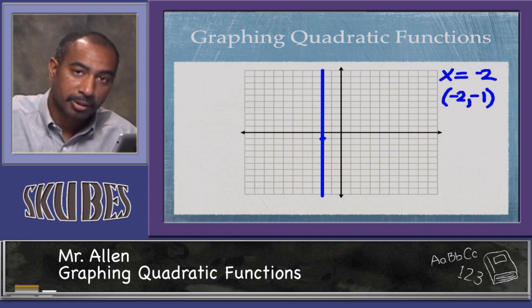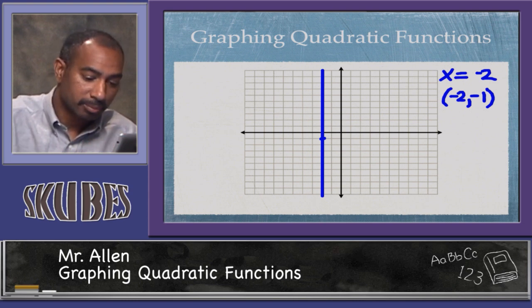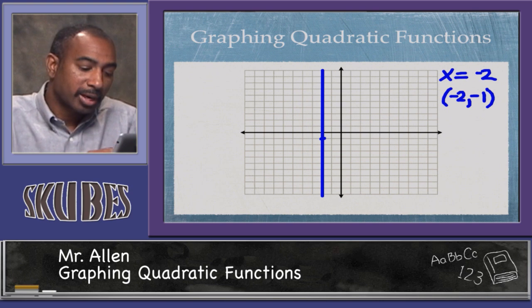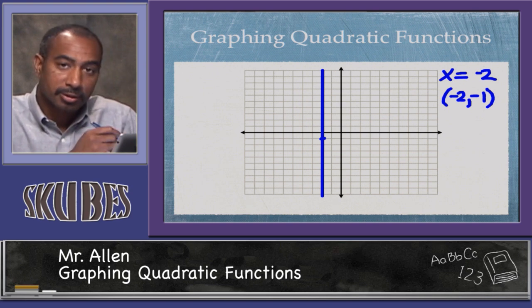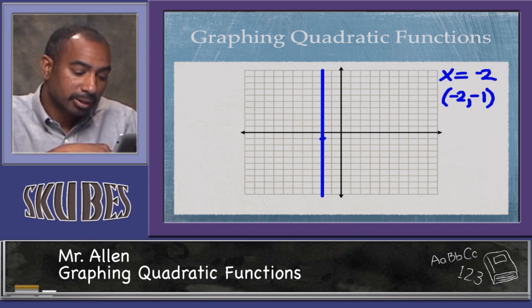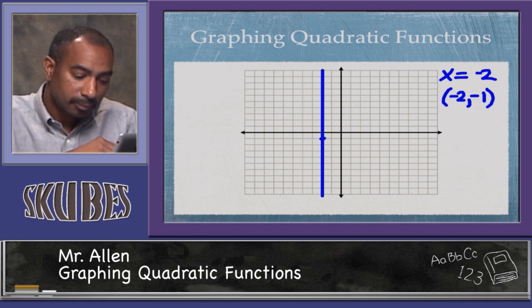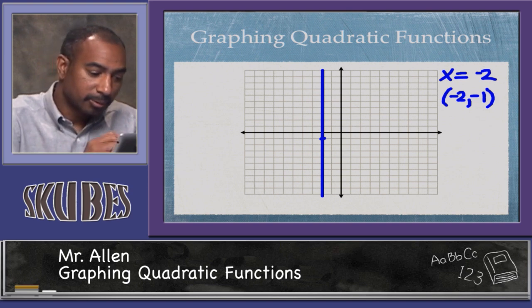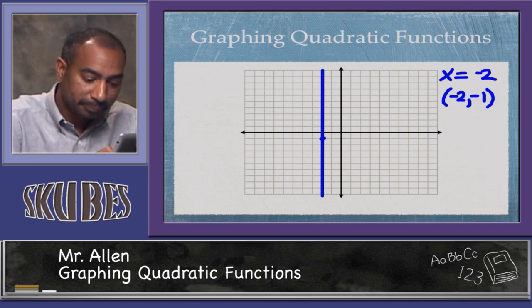And you want to pick points to the left and right of the axis of symmetry. So what I do is I just start on the right side and I just count over the distance, equal distance for the left side. So this is negative 2. To the right of that is negative 1. So let's evaluate.